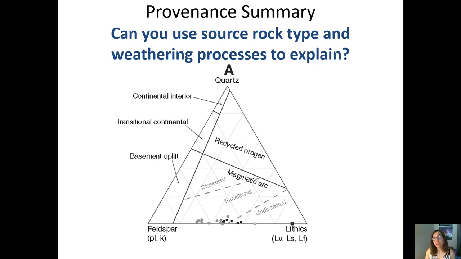We commonly find these in fold and thrust belts and in continental blocks. And in general, we'll find lithic fragments concentrated in fluvial deposits, again, because the farther these rocks get transported, the more likely they are to break down. And we'll also find lithic rocks in turbidites, which we talked about, those submarine density flows.